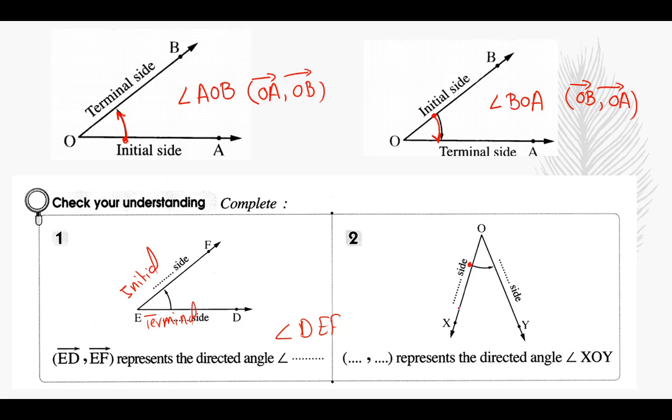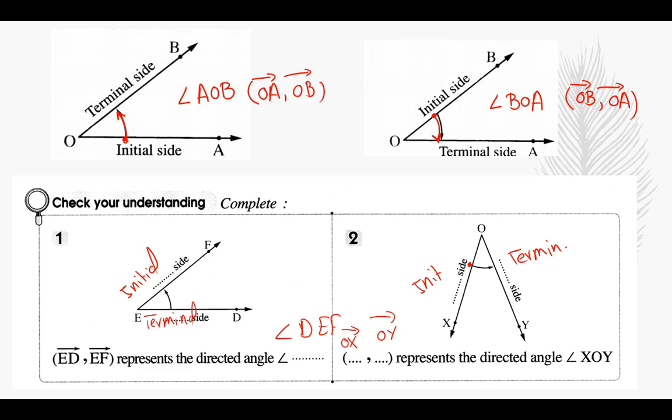So the ray OX is the initial side, and OY is the terminal side. So you can write OX initial, and OY is the terminal side.